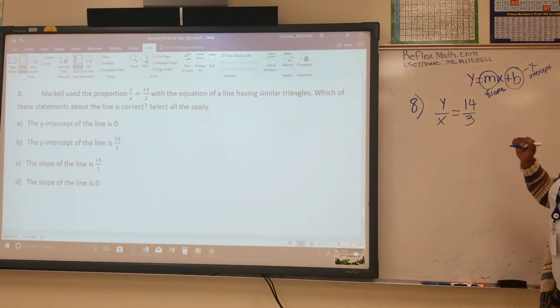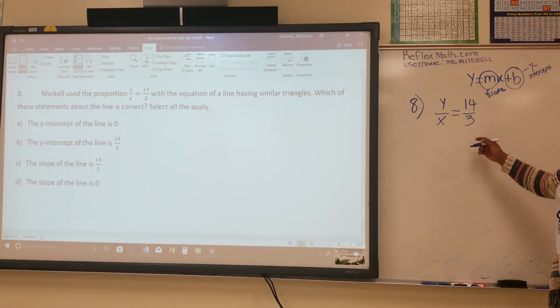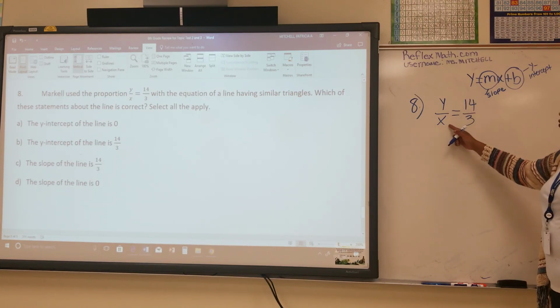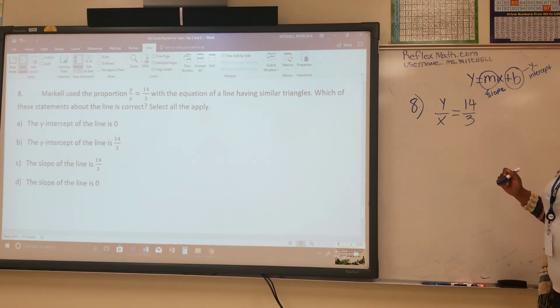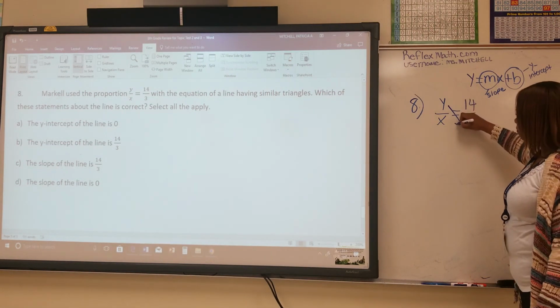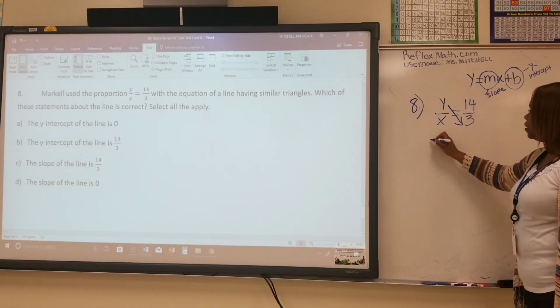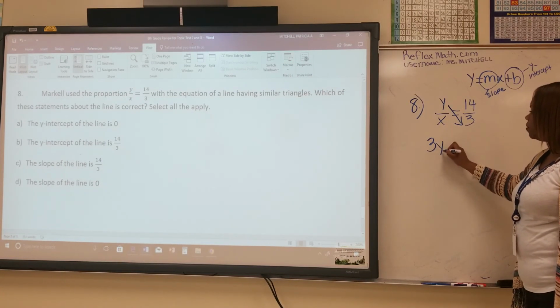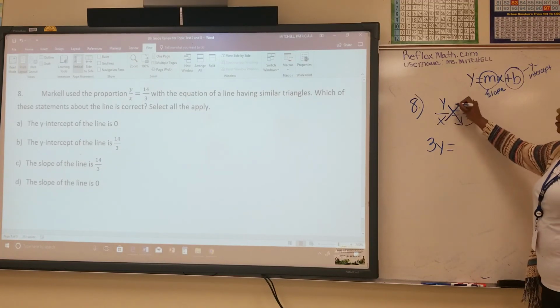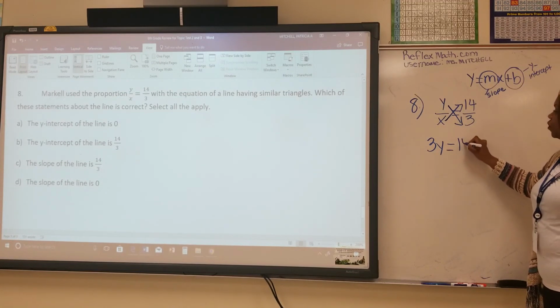So let's go ahead and put this into y equals mx plus b form. We're now set up with a proportion, y over x equals 14 over 3. So from here, all we have to do is just cross multiply. When we do, y times 3 gives us 3y. And we have our equal sign. X times 14 gives us 14x.